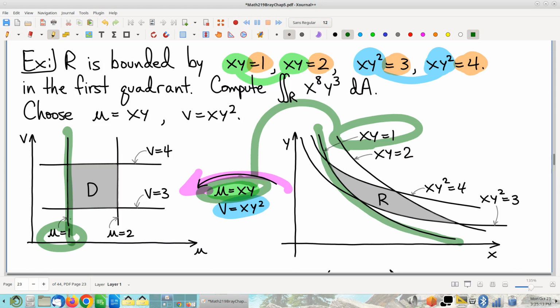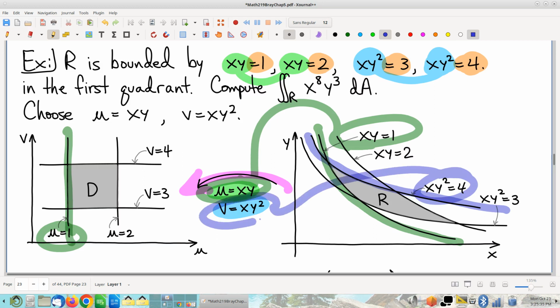Everybody follow? And you can see now why it's important that we had written this as a level set, because I needed to have u equal to a constant. Okay. Likewise for the others. So, for example, let's look at this curve right there. That curve is where xy squared equals 4.